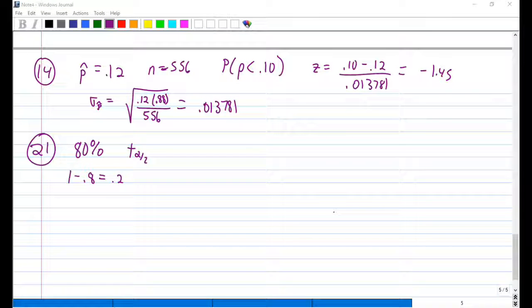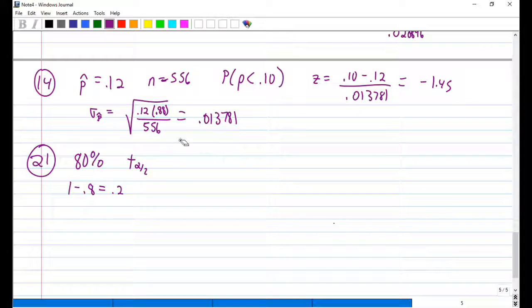The way you get that, the 0.8 comes from the 80%. All right, so that's alpha. So it's going to be t sub 0.2 divided by 2. And so that's t sub 0.1. It's really 0.10, but 0.10 is the same thing.